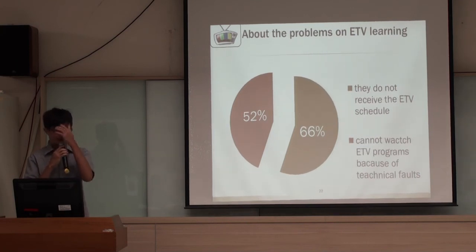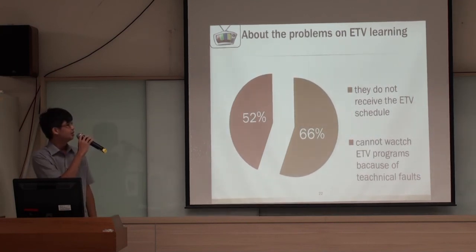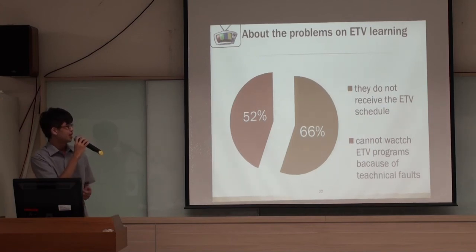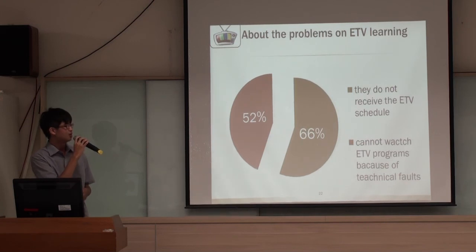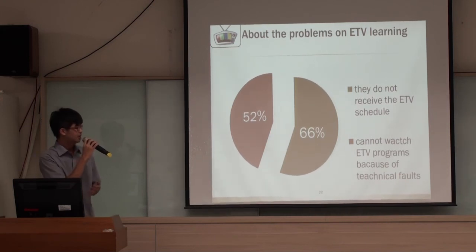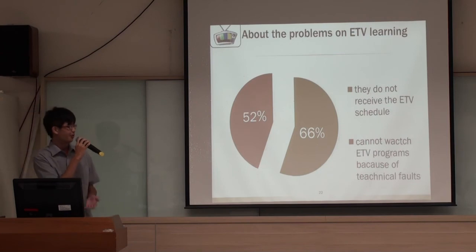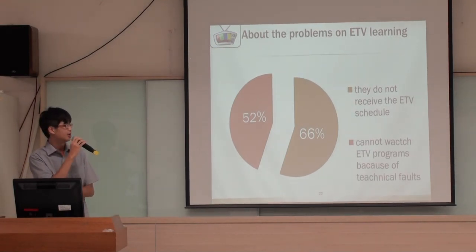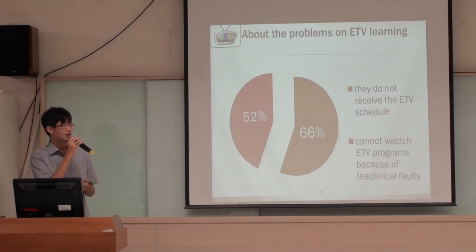About the problems of ETV learners, about 66% do not receive the ETV schedules, and 52% cannot watch ETV programs because of technological faults. It means some students live in outside places, or they don't have some internet equipment, so they cannot receive some ETV programs.